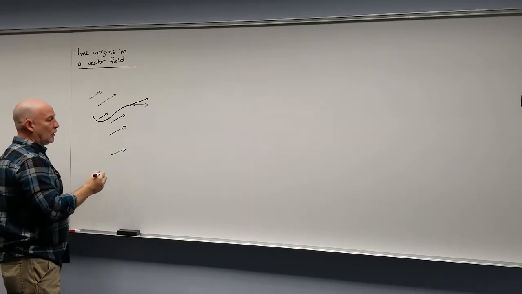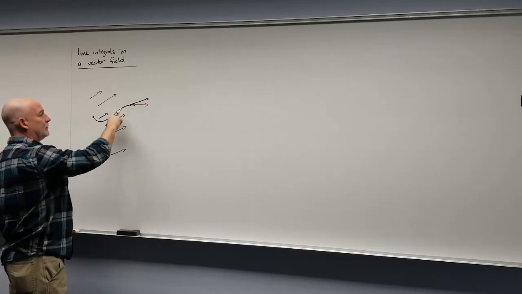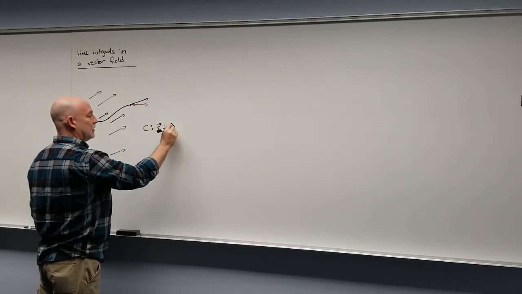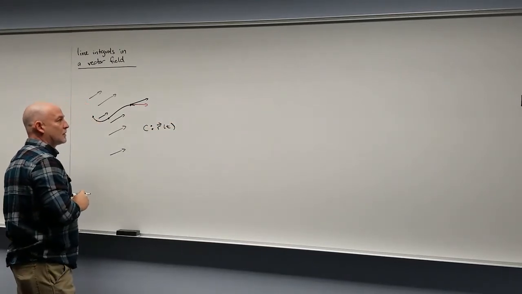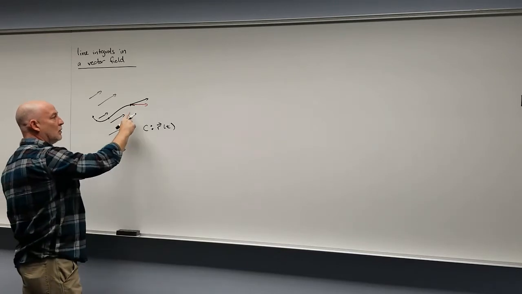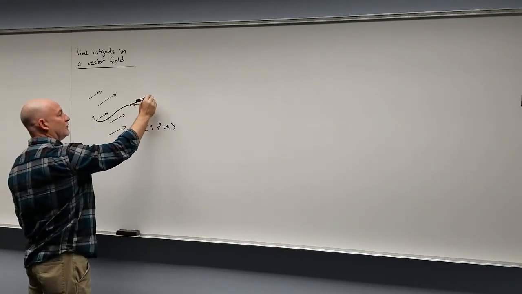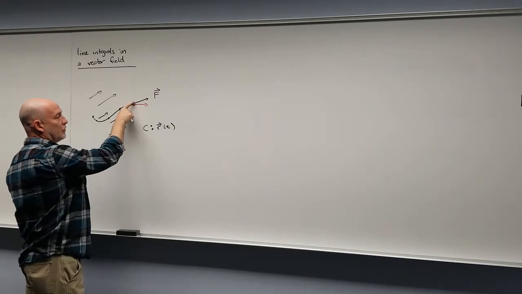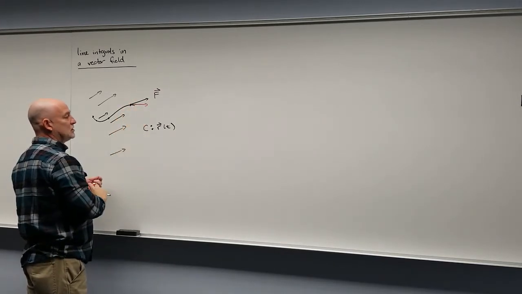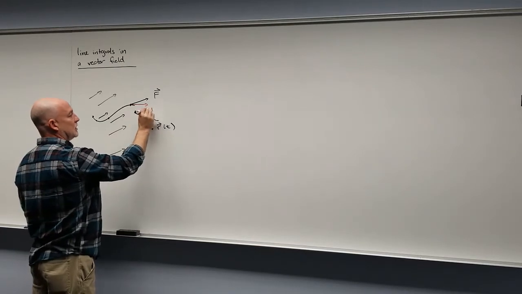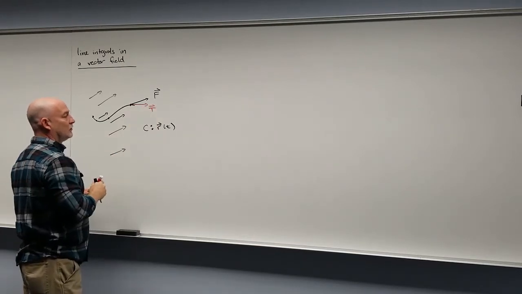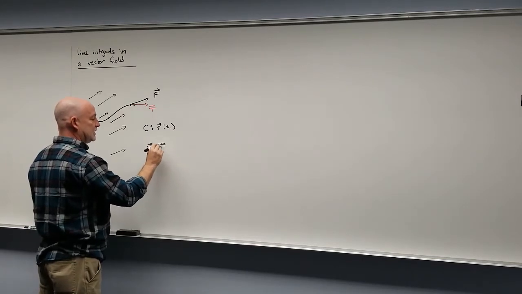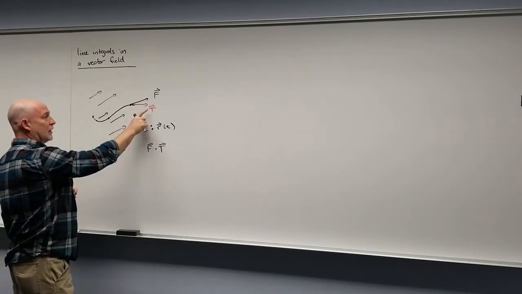All right. Well, the idea here is if this curve here, C, is defined to be some r of t, right? We have it parameterized. And we want to know how much it's going in that direction. Where our field here, F, what we want to know is how much it's going in this tangent direction, T here. So if we found F dot T, that would tell us how much the field's actually pushing it this way.